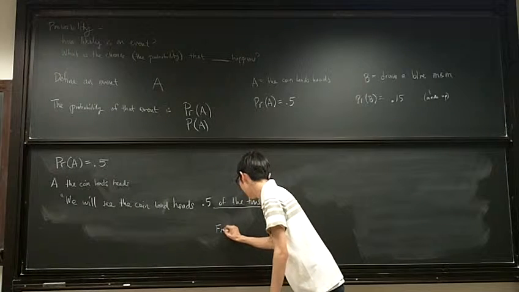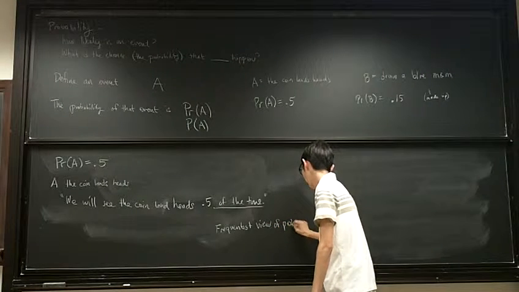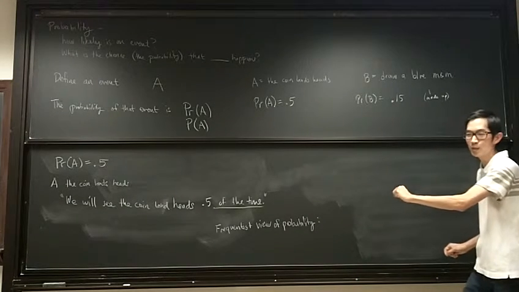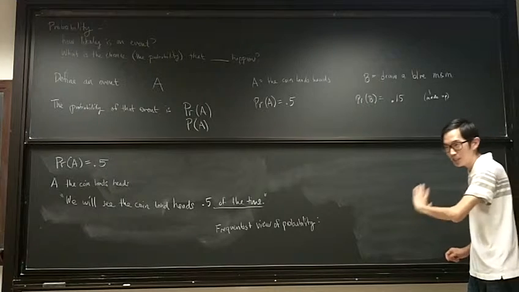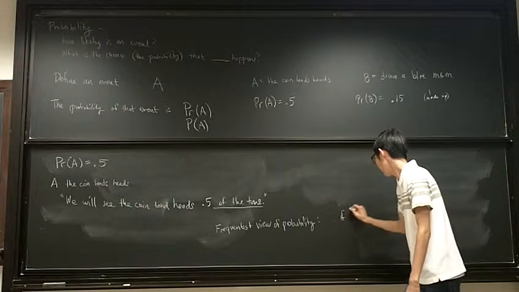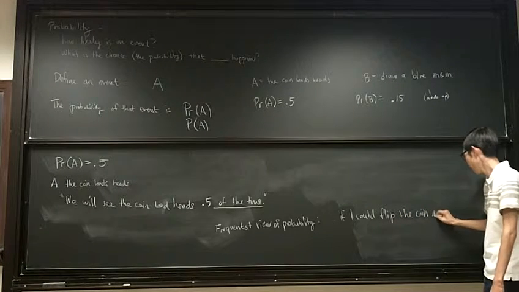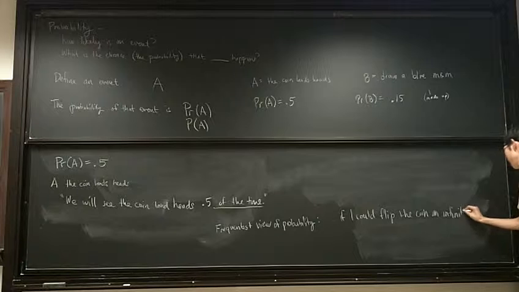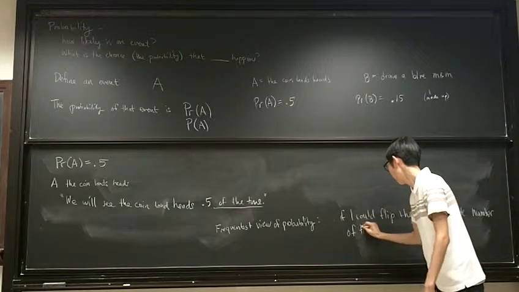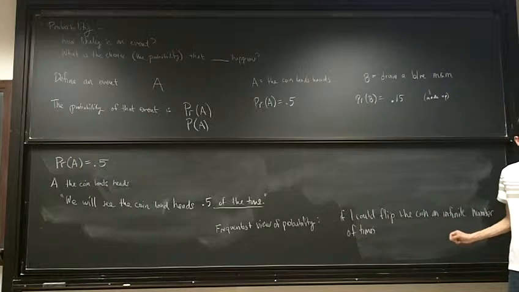And so the frequentist view of probability says, what we mean by of the time is if I flip the coin an infinite number of times, okay, if I could flip the coin an infinite number of times, it would land heads 0.5 of the time.